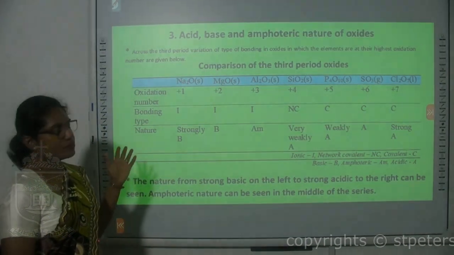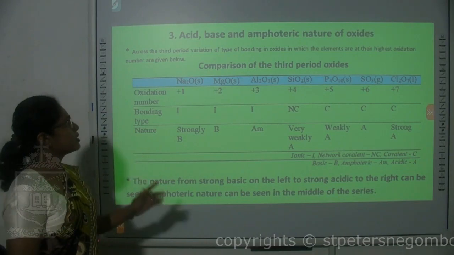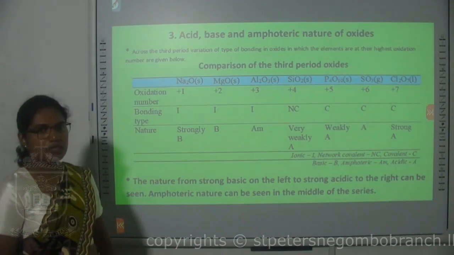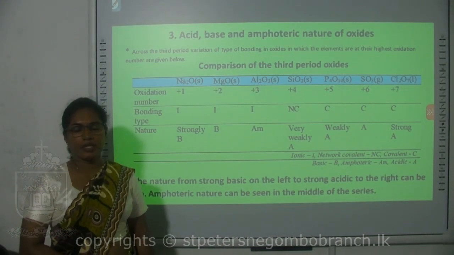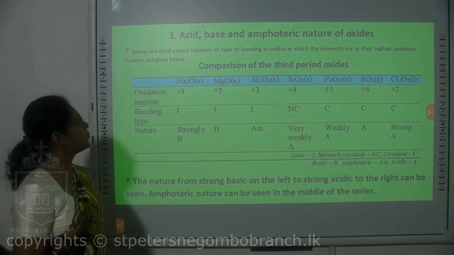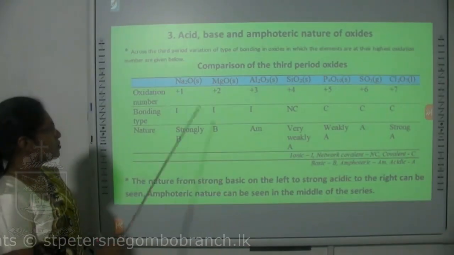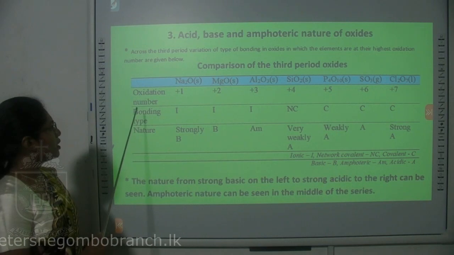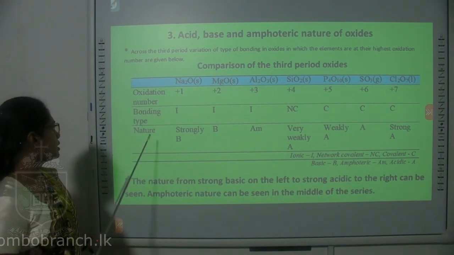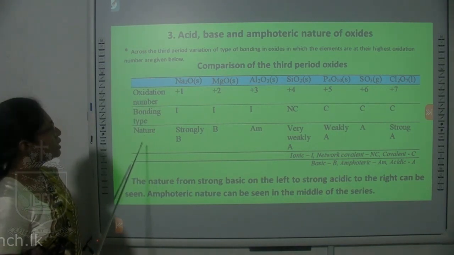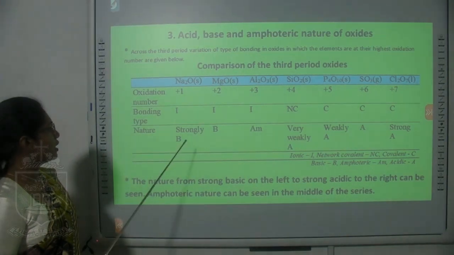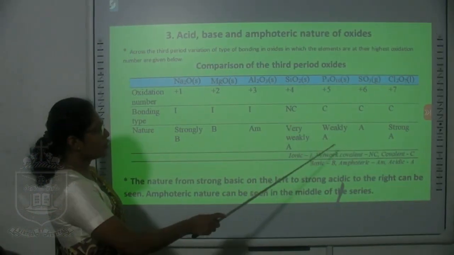Now here we are going to discuss the acid, base and amphoteric nature of the period 3 oxides. This is the table. You can compare the oxidation number, bonding type and nature of that oxide, whether they are acidic or basic.